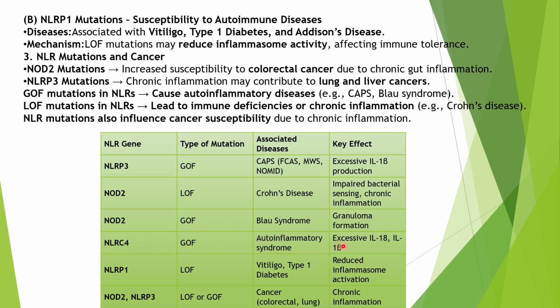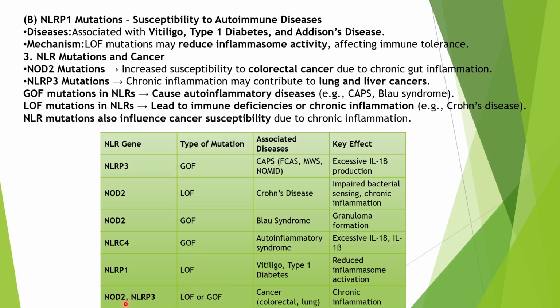NLRC4 gain of function is autoinflammatory, again excessive production of interleukins. Then NLRP1 loss of function leads to various conditions like vitiligo, type 1 diabetes, Addison's, etc. And this is due to the reduced inflammasome activation.